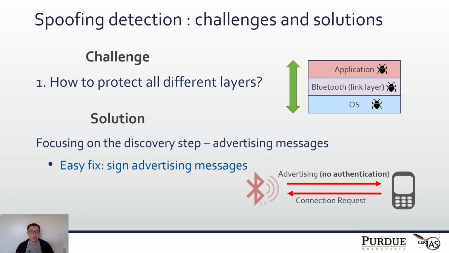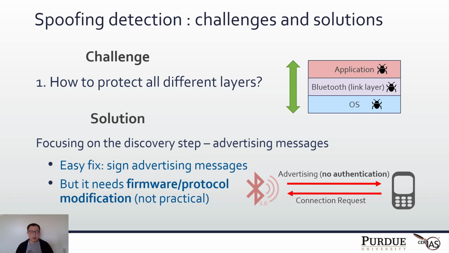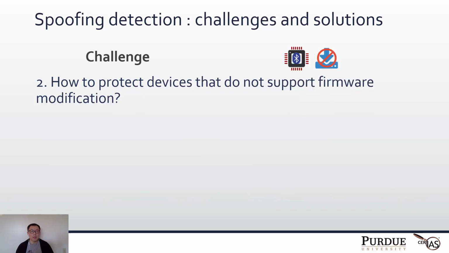So one easy fix is, how about we sign the advertising messages so that the attacker cannot spoof them. However, this approach needs firmware and protocol modification, which is not possible for most legacy devices, because most of them do not support firmware update or firmware modification. This also leads to the second challenge: how to protect the devices that do not support firmware modification.